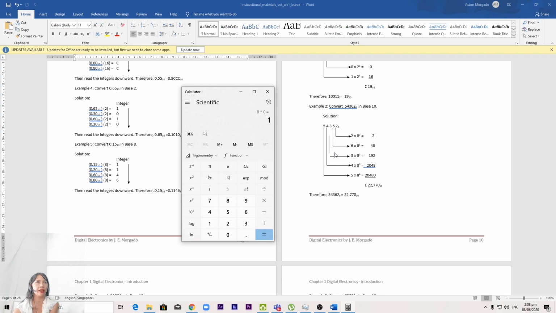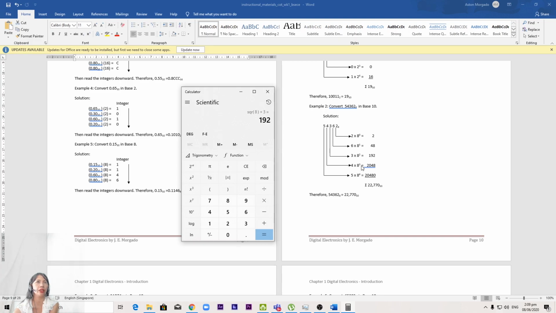The next is 3 times 8 squared. 8 squared is 64, times 3 is 192. Next, the fourth digit: 4 times 8 raised to 3.